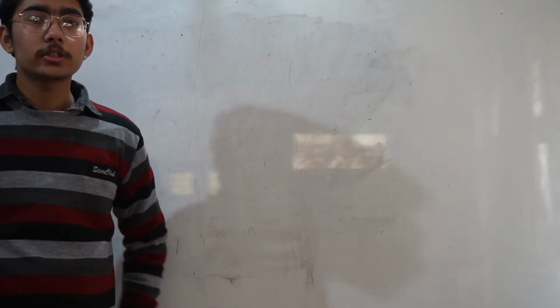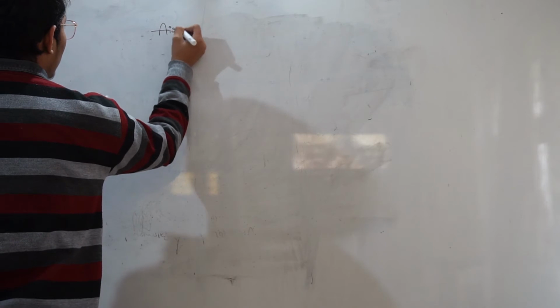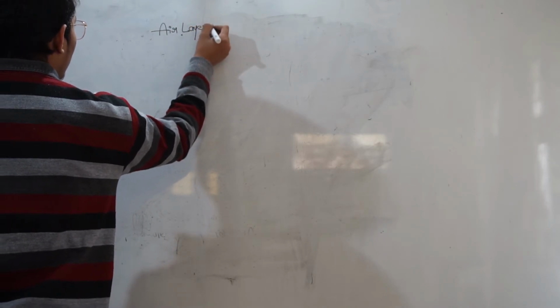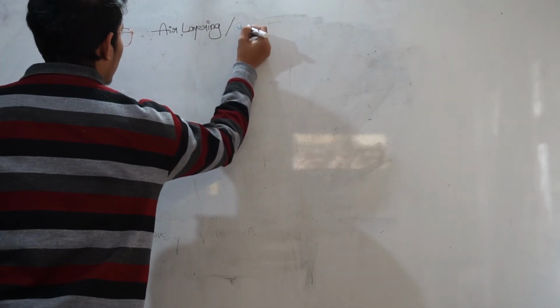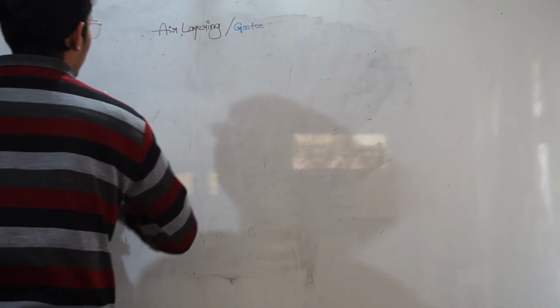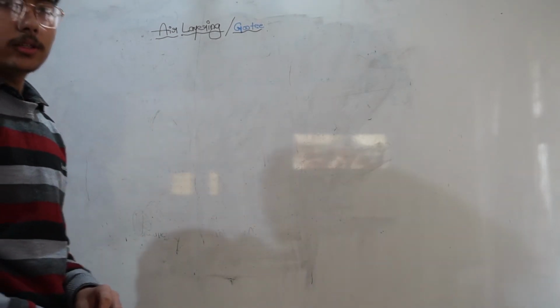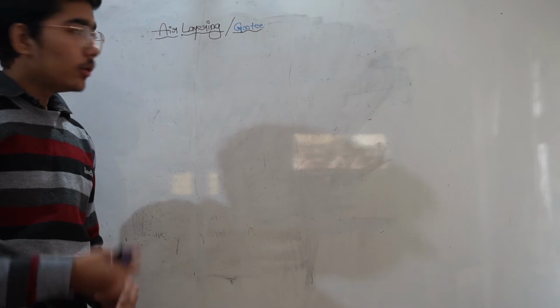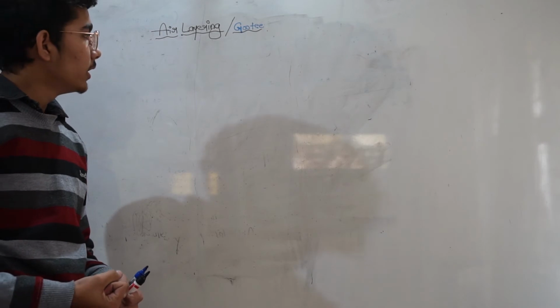After this, we want to discuss air layering, also known as gootee. Yes, I'm discussing air layering, also known as gootee. Now, air layering is basically performed on woody plants whose soft, flexible shoot system is not present.